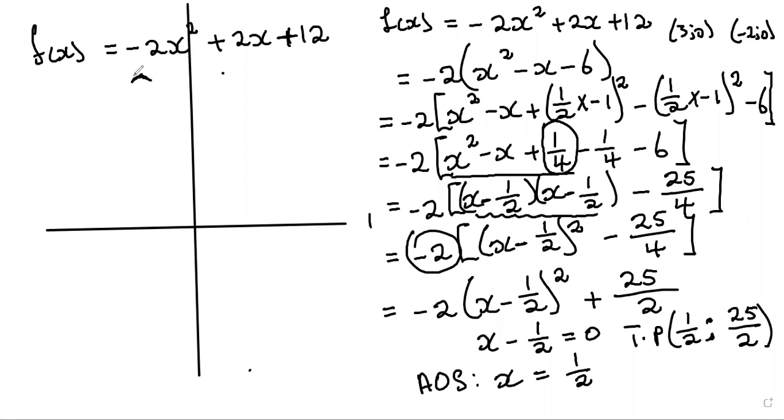And then we are going to have an x-intercept at +3. Oh, we said the turning point is at +1/2, not -1/2, +1/2. So this is roughly what we are going to have.